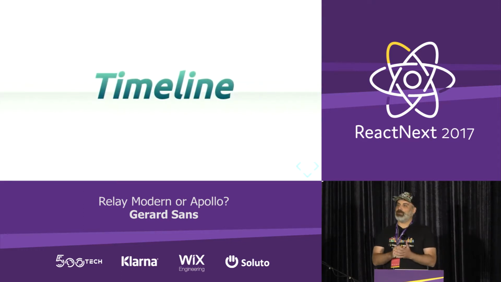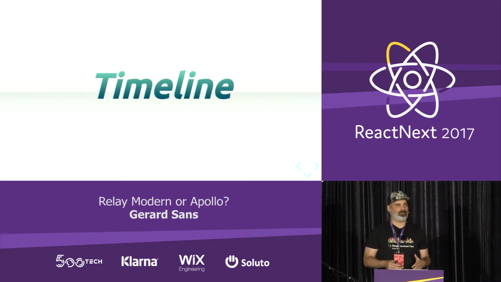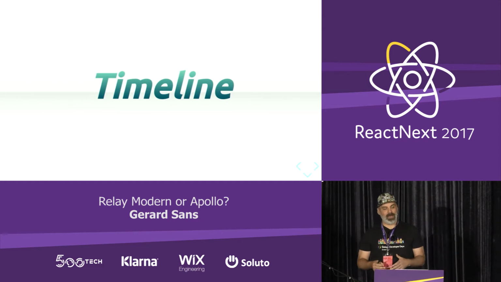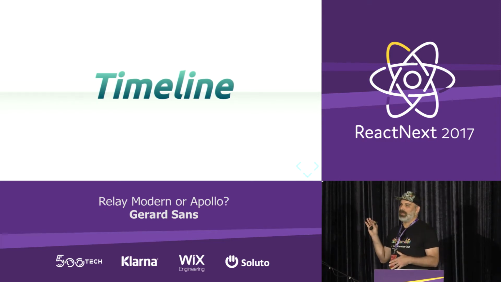Okay, so let's go into the topic. Before I go into describing the different features from these two options, Relay Modern and Apollo Client, I'm going to go back a little bit in time. For the people that are new to GraphQL, this is kind of getting everyone on the same page. So this is a GraphQL timeline.